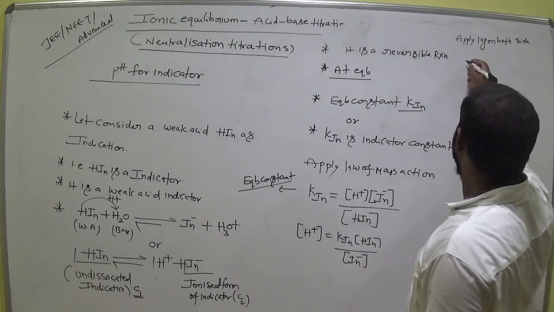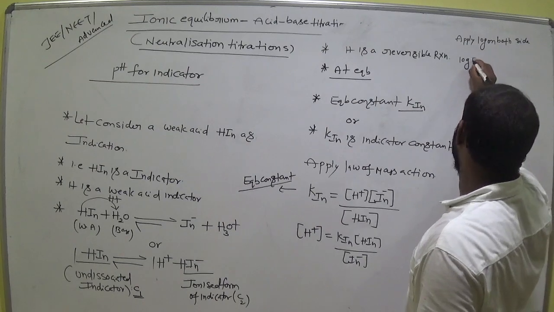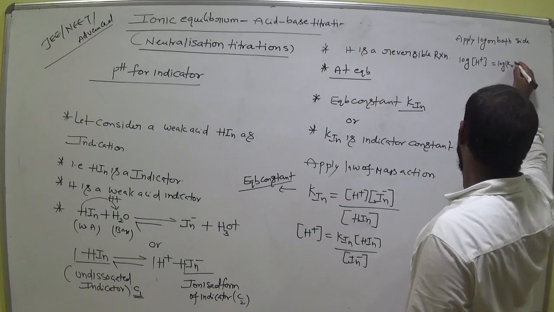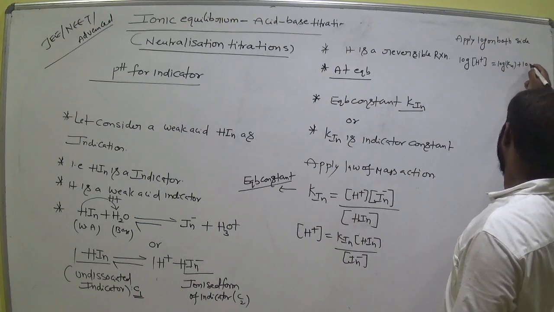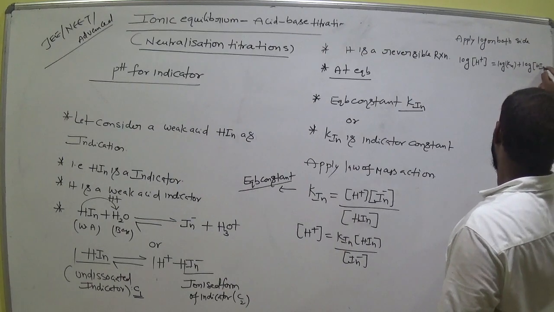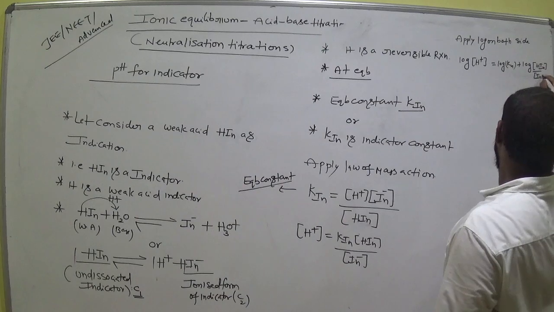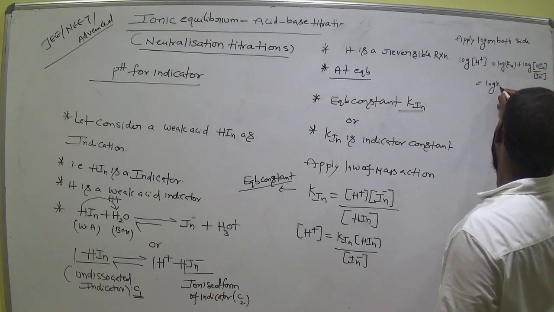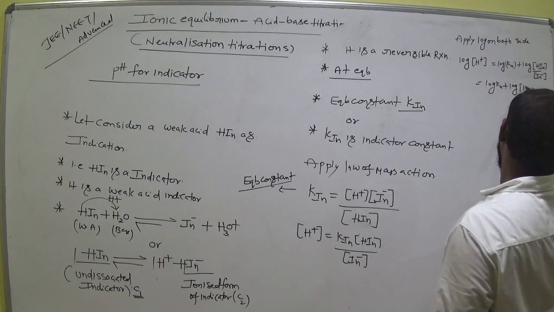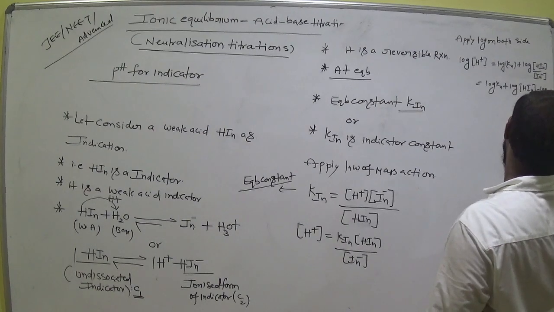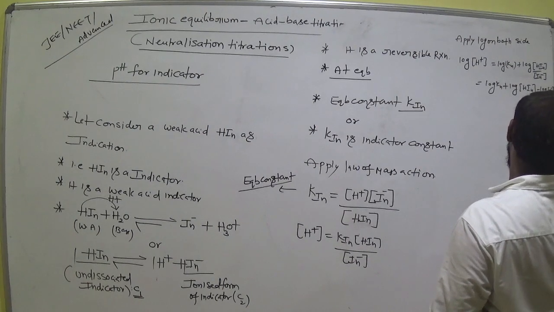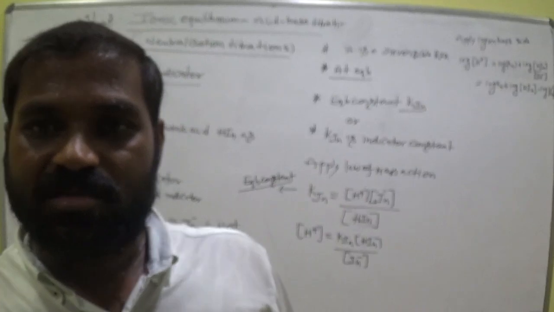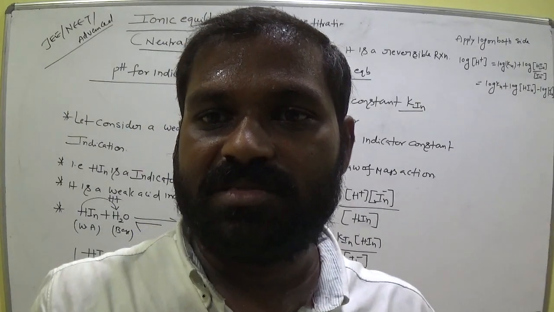That means log H plus is equal to log Kin plus log HIn by In minus. Am I right? Now again it is log A by B, so log Kin plus log HIn minus log In minus, am I right? Is it clear, all of you?